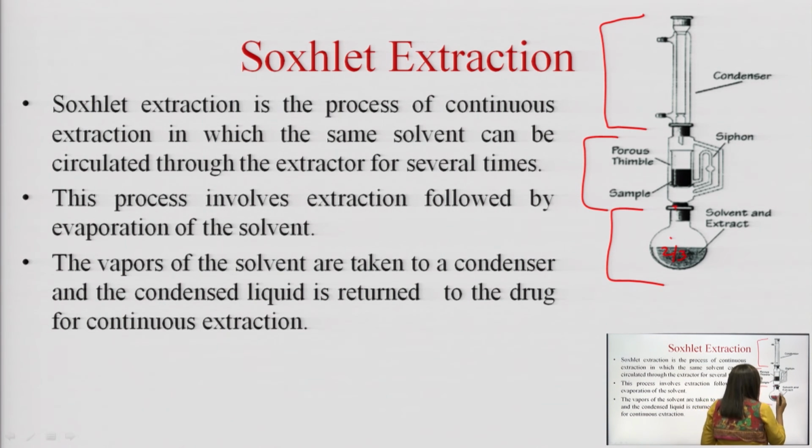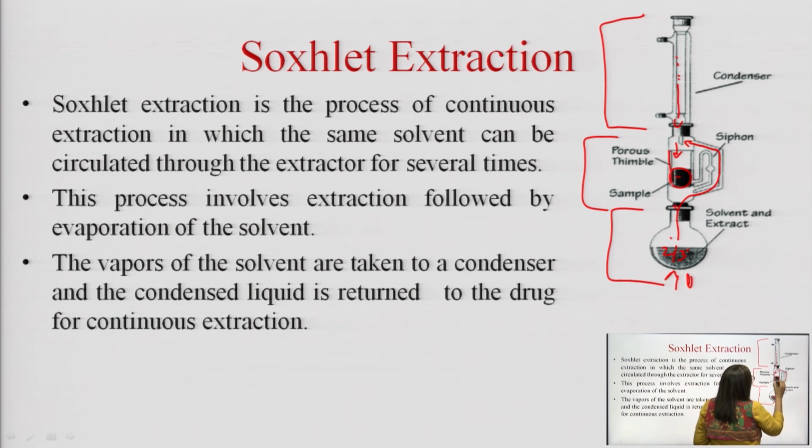Almost 2/3 of the flask is filled with solvent. This is heated and the solvent vaporizes and goes through this particular vapor tube and reaches the condenser. Here the cooling happens and the hot solution then reaches the drug material.